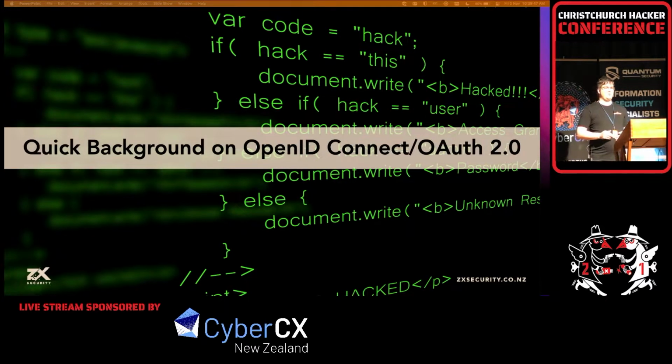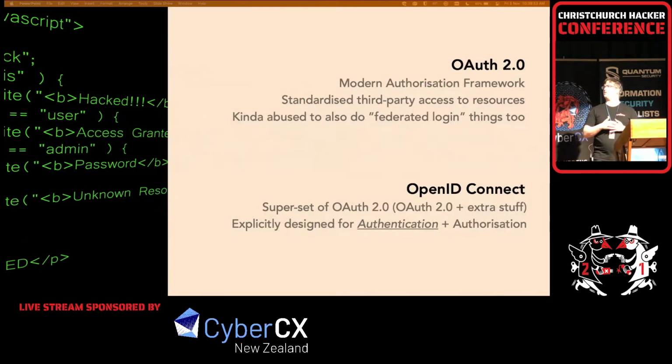So, quick background on OpenID Connect and OAuth 2, because it is a huge thing, but you've probably encountered it in the past. OAuth 2 came about as a modern authorization framework. It was largely there just to standardize third-party access to APIs, really. It wasn't really supposed to be used as a login system, but people kind of butchered it in order to do that, and it wasn't really what the protocol was designed for.